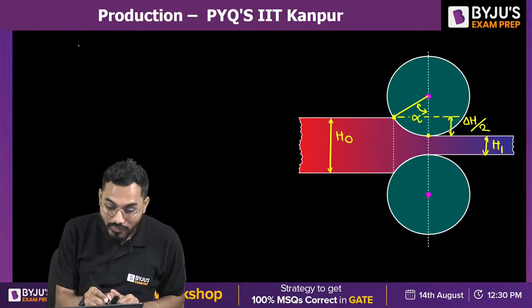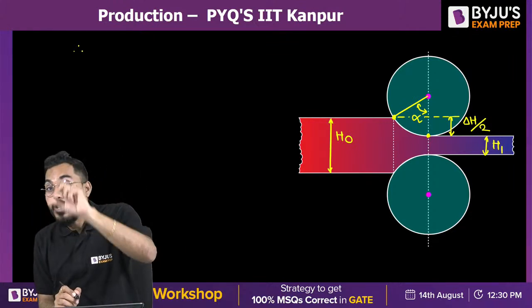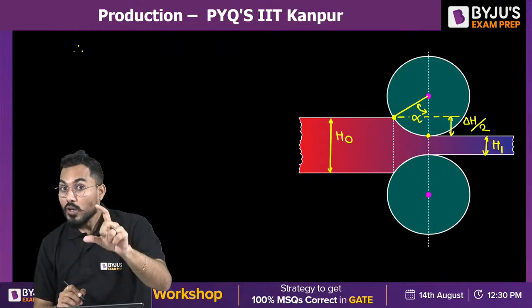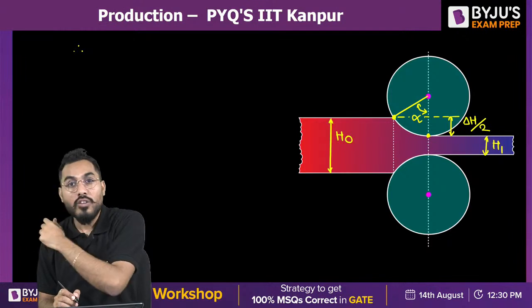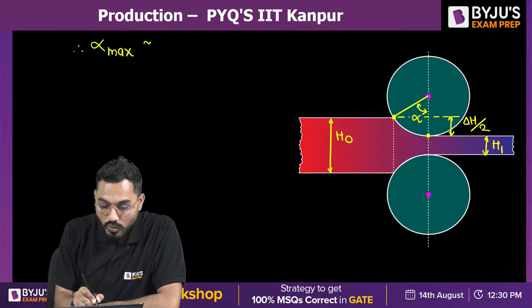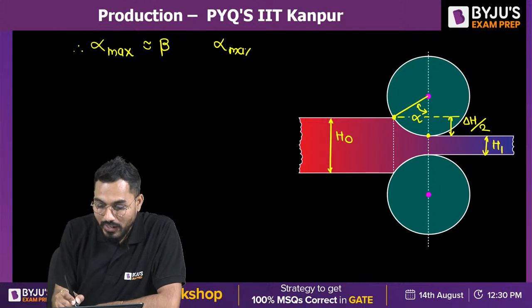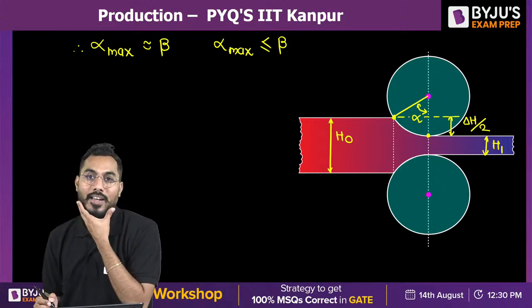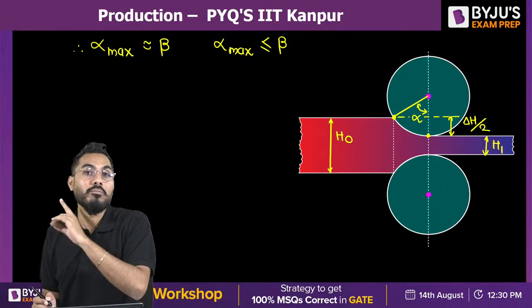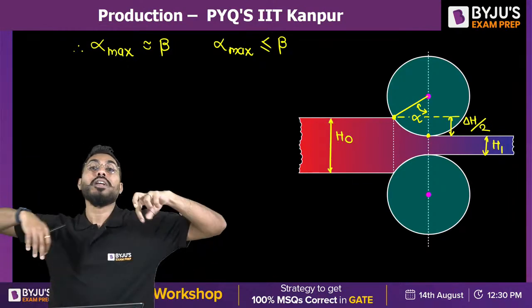Therefore one fundamental rule is developed: to allow the roller to drag the metallic strip into the deformation zone, the maximum value of alpha could only reach the friction angle beta. The friction angle beta should always be greater than or equal to alpha. Beta is the friction angle and alpha is the bite angle. So the bite angle can never be greater than the friction angle.